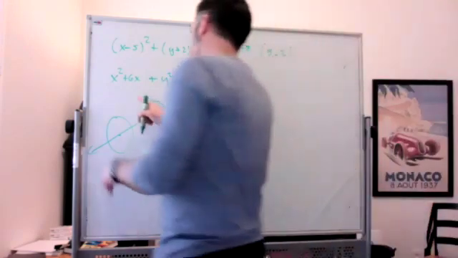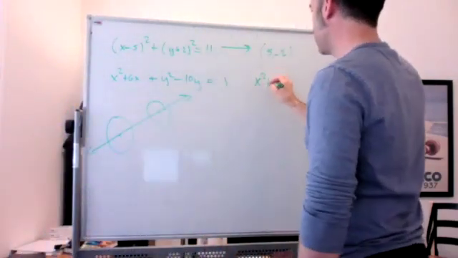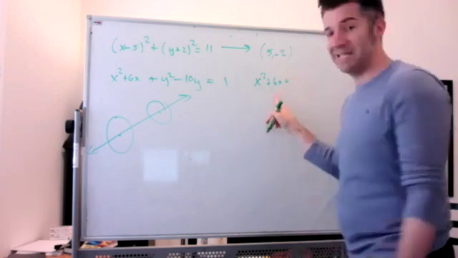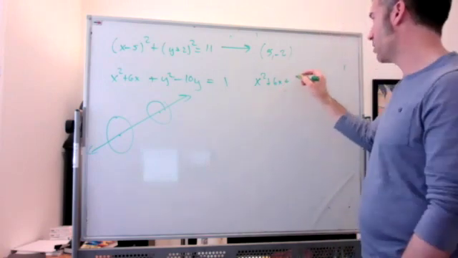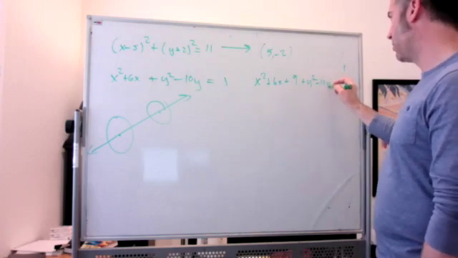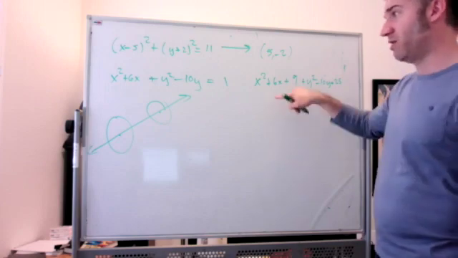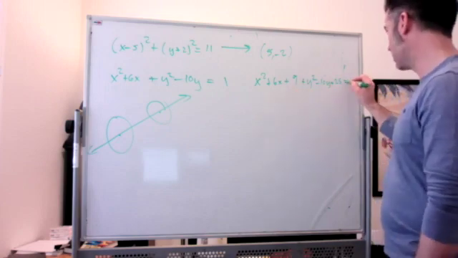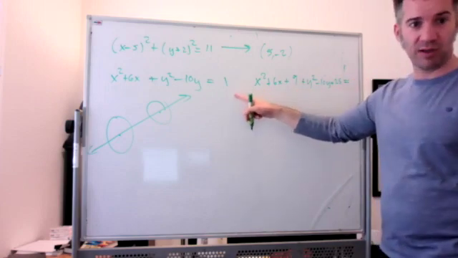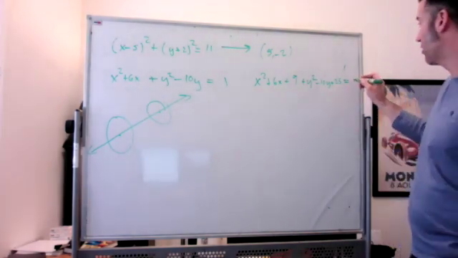For this one, I have x^2 + 6x + 9 to complete the square, and then y^2 - 10y + 25 to complete the square there. If I add it on the left, I have to add it on the right. That's going to equal 1 + 9 + 25, which is 35.